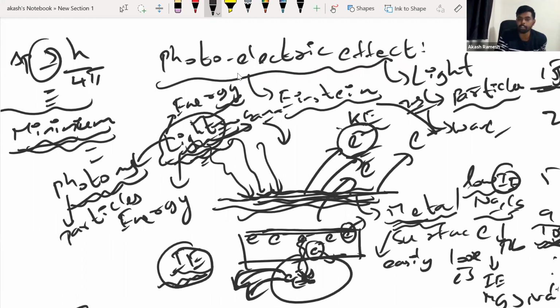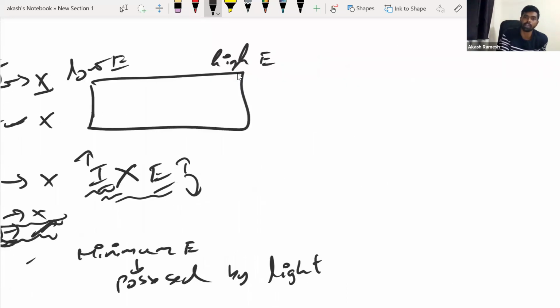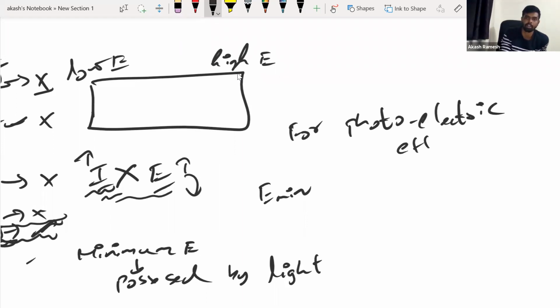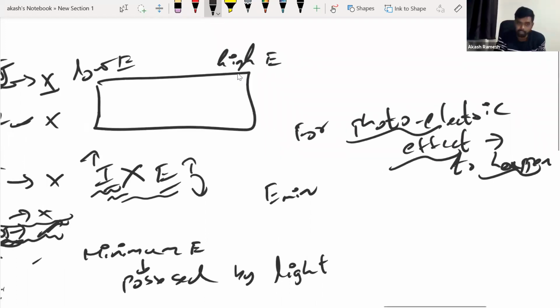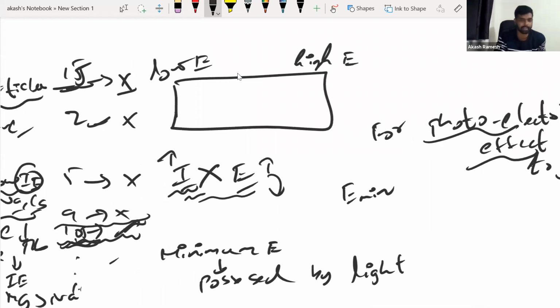So for the photoelectric effect to happen, there should be some minimum energy possessed by the light radiation.